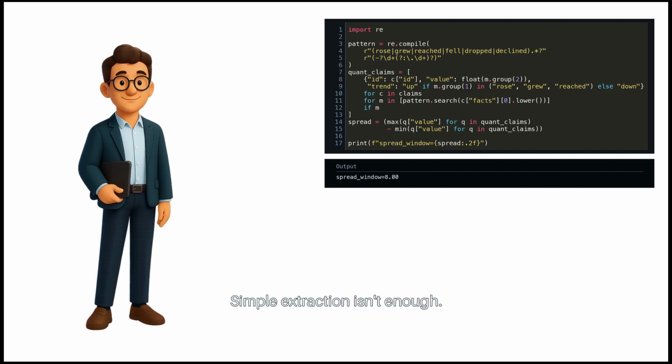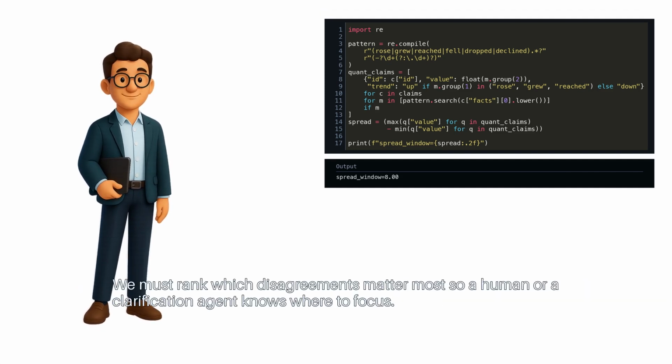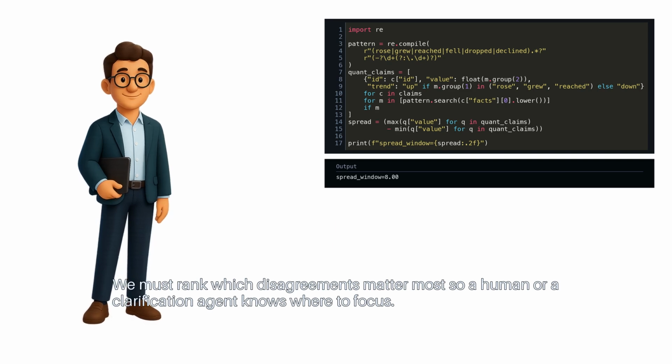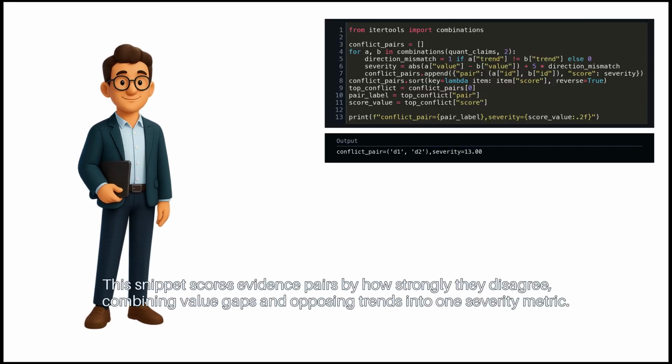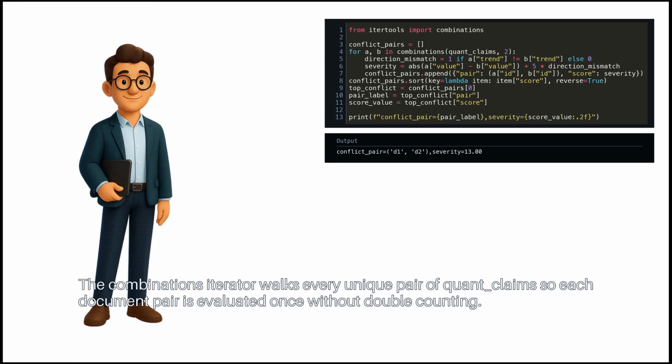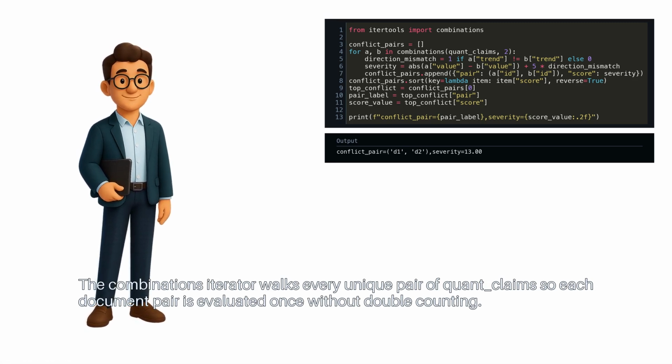Simple extraction isn't enough. We must rank which disagreements matter most, so a human or a clarification agent knows where to focus. This snippet scores evidence pairs by how strongly they disagree, combining value gaps and opposing trends into one severity metric. The combinations iterator walks every unique pair of quant claims, so each document pair is evaluated once without double counting.